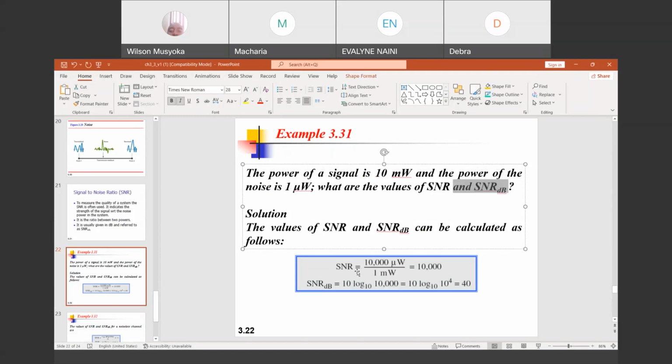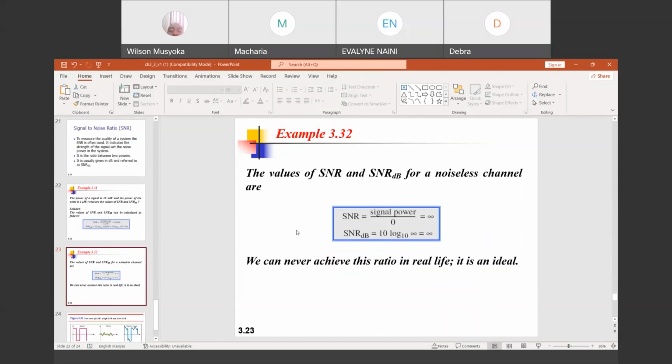Signal to noise ratio is going to be calculated by having the power of the signal over the power of the noise, and you're going to get it as 10,000. Then this signal to noise ratio is going to be multiplied with 10 log base 10 for us to get it as being 40. So that is an example showing how you can get the signal to noise ratio.